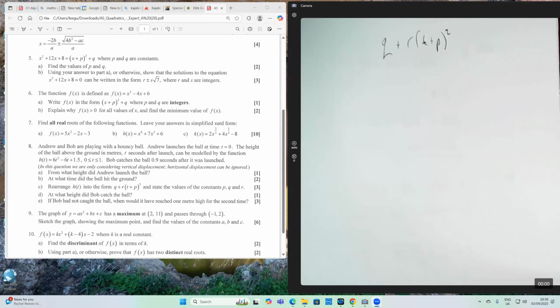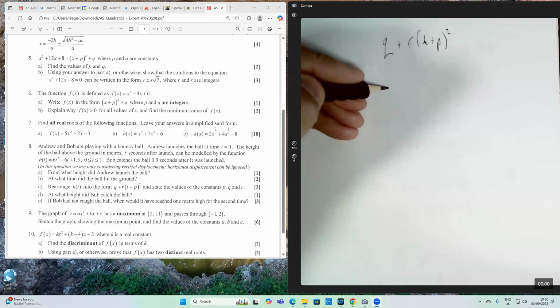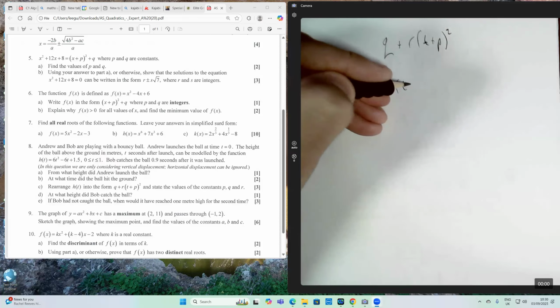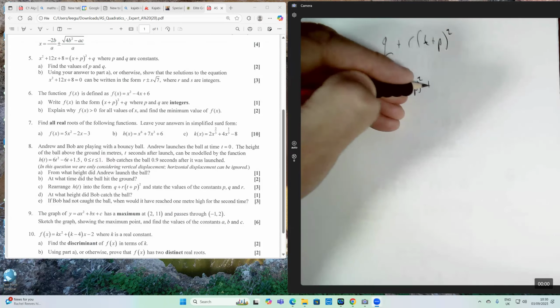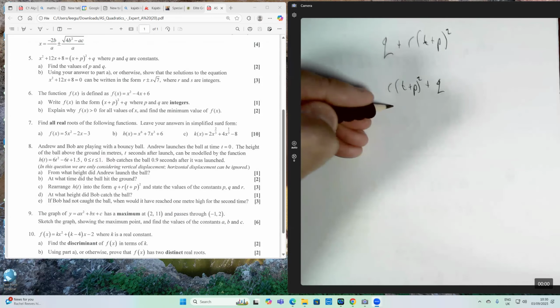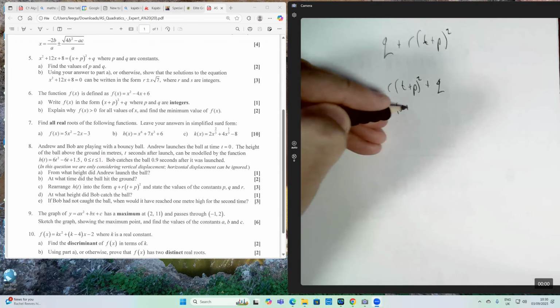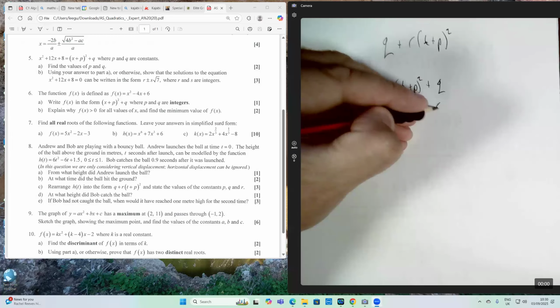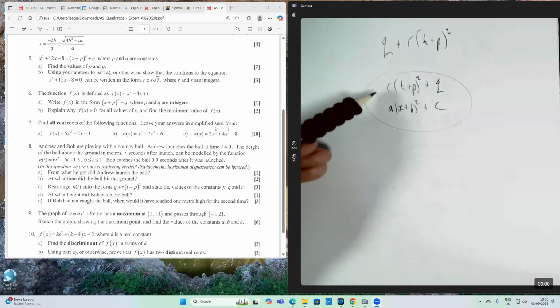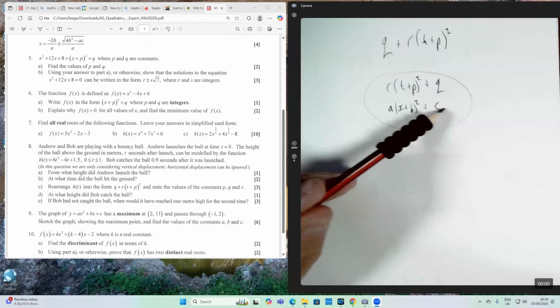So when you first see that, you might not recognize that as being completing the square form, but it is, because if you were to rewrite this, just change the order in which it's written, then you would have that. And that's more like the format that you might be more familiar with. So if it was written like that, you can see how that directly compares with completing the square format.